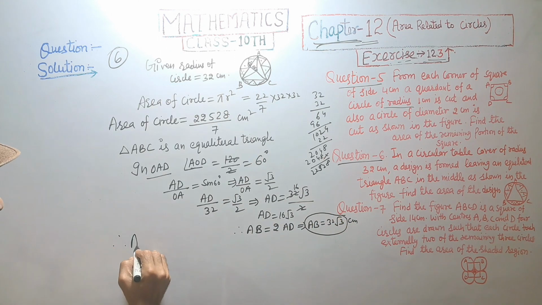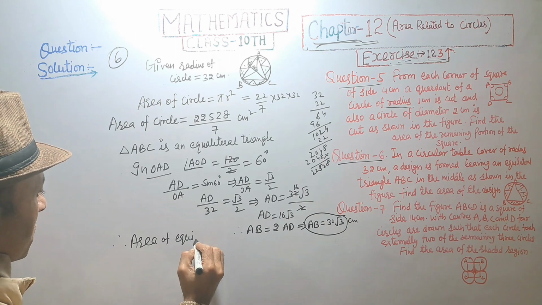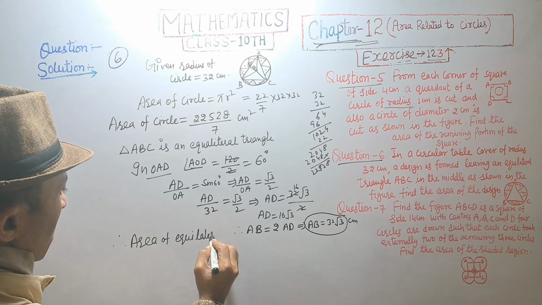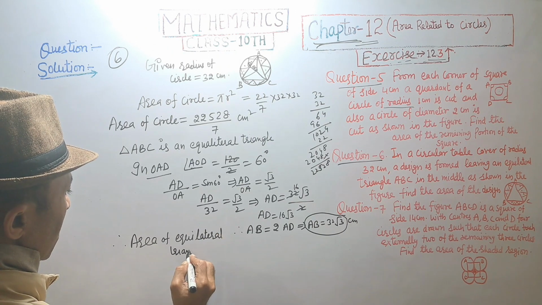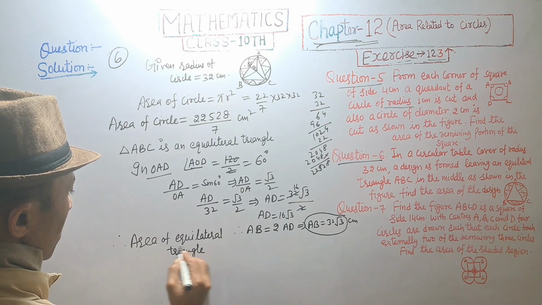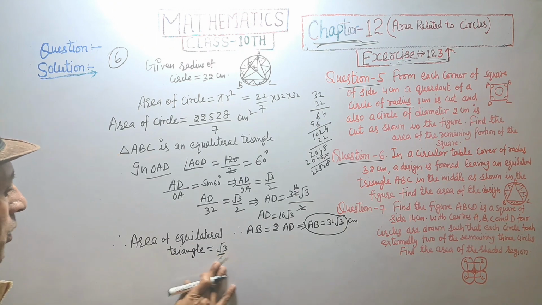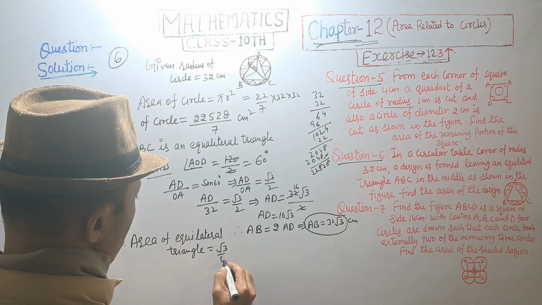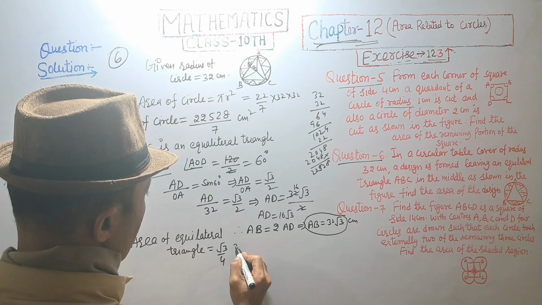So area of equilateral triangle is equal to root 3 upon 4 into side square, into 32 root 3 square.